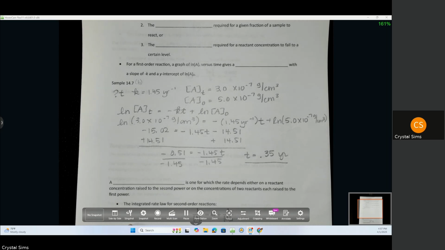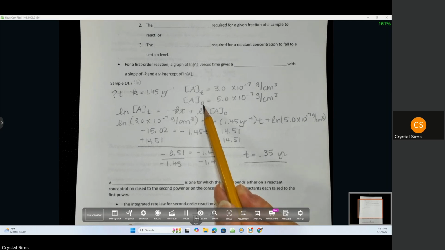They have given us K, our rate constant, 6.8 times 10 to the negative 4 s to the negative 1, so we have K. They're giving us our initial pressure, which would be like our concentration of A initial, which is 135 torr.